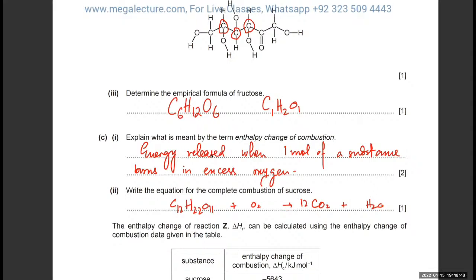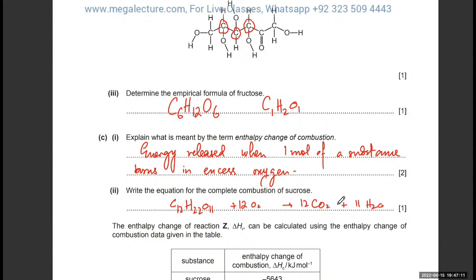There's going to be 12 carbon dioxides and 11 H2Os, and you can balance the oxygens. That's 24 plus 11, that's 35. So you've got 11 over here, so you need 24. You could confirm, is this correct or not?